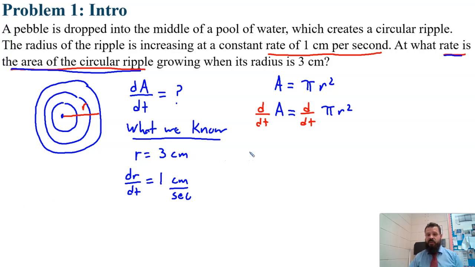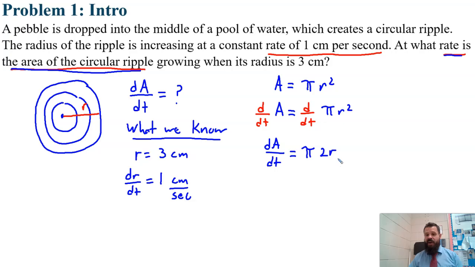The derivative of A with respect to t is just dA over dt, which is what we're looking for with this one. For the derivative of pi r squared, we've got the constant pi, we can leave it there. The derivative of the radius squared is just, using my power rule, 2r.